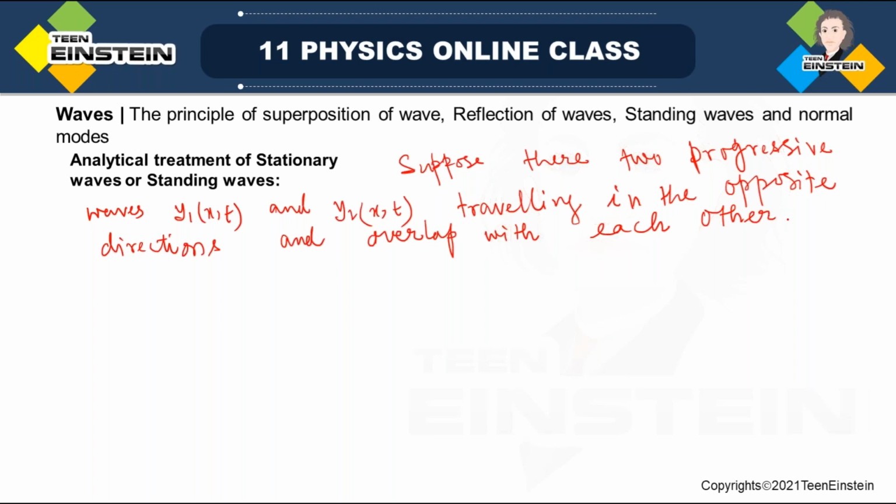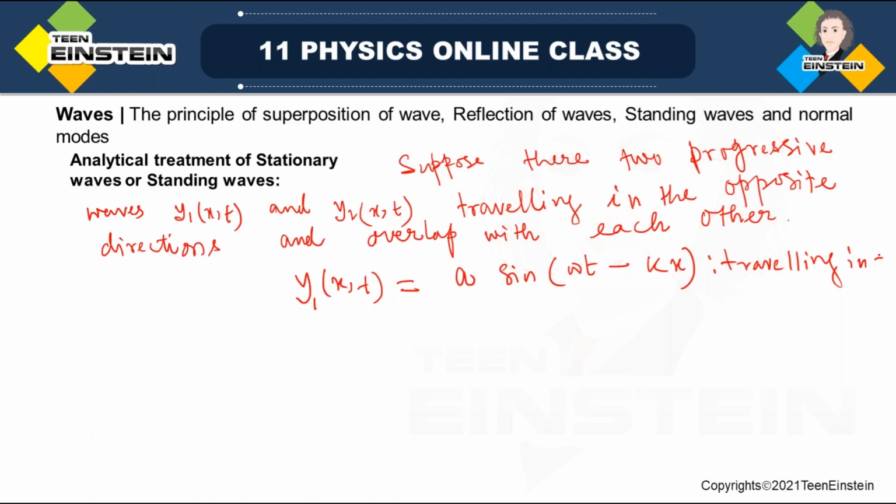So what will be the case? How do you find the mathematical expression for a standing wave? Suppose y1 is a progressive wave traveling in the positive x direction. That can be written as, suppose A is the amplitude, A sine(omega t minus kx). This is traveling in the positive x direction.